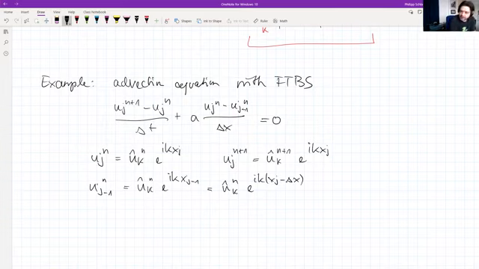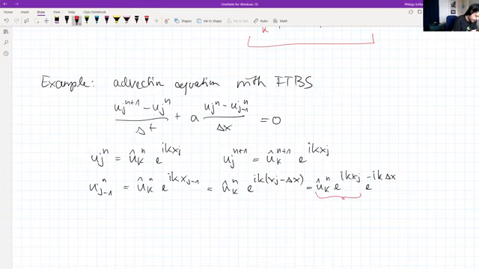As I go to j minus 1, I need to subtract delta x. And now, with the rules of exponentials, this would be e to the i k x_j times e to the i k delta x with a minus sign. And of course, what you see now is that this is essentially the same as u_j^n. So you see what happens if I go in a spatial direction. I just take my u_j^n and multiply it with e to the minus i k delta x. That's essentially the effect of the Fourier transform that I have.